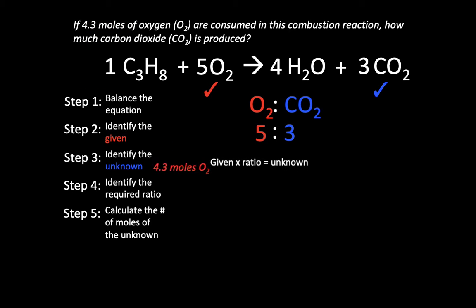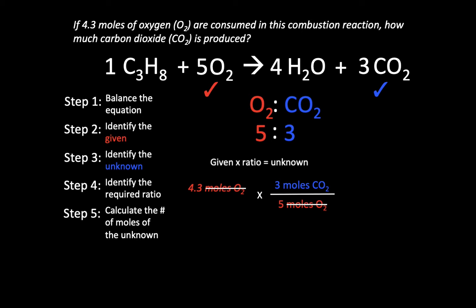So our given was 4.3 moles of oxygen. Next, we're going to have our ratio. Remember that what we're looking for is going to go on top, and what we're trying to cancel out is going to go on bottom. So if we look at our ratio, we know that the 3 has to go with carbon dioxide, and the 5 has to go with the oxygen. 3 moles of carbon dioxide is produced from 5 moles of oxygen.